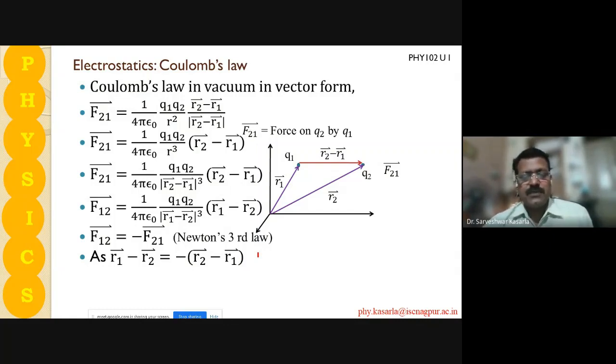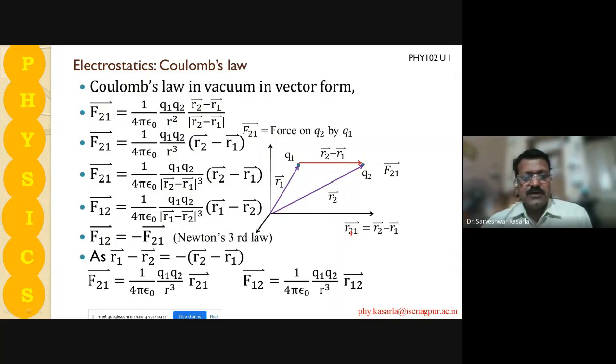Again, if you want to simply express this vector, if you want to say vector r2 minus r1 is say vector r21, then in that case the force can be expressed as F21 is equal to 1 upon 4 pi epsilon 0 q1 q2 upon r cube into r21.